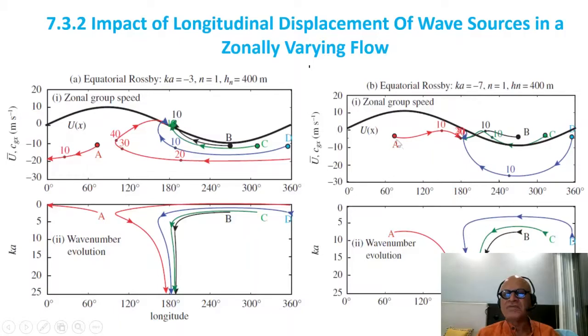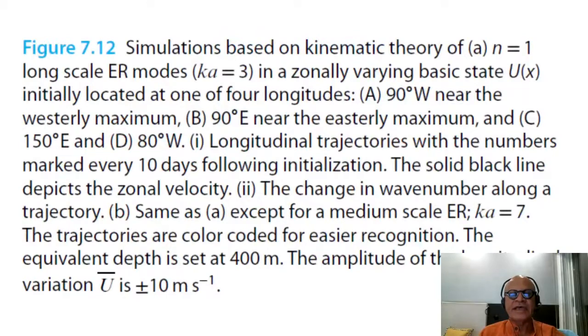So now the same location is going to give you very different behavior, because at this wave number you have eastward group velocity and you're in a westerly regime, whereas here you have westward group velocity in a westerly regime, and so on.